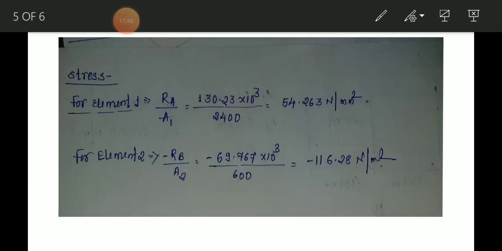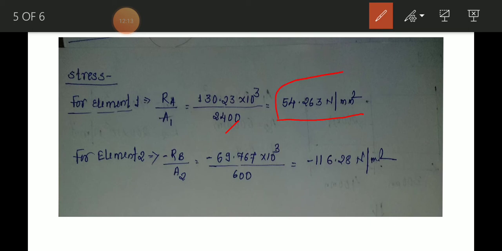Next, we calculated deformation. Now we have to calculate the stress at elements 1 and 2. For element 1, RA equal to 130.23 into 10 raised to 3 divided by A1. It is 54.263.